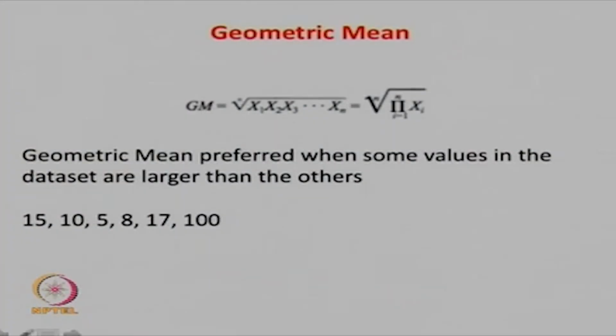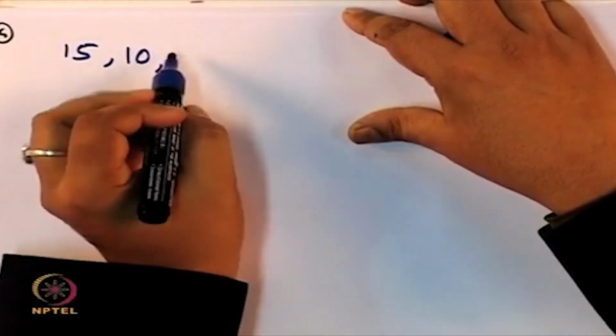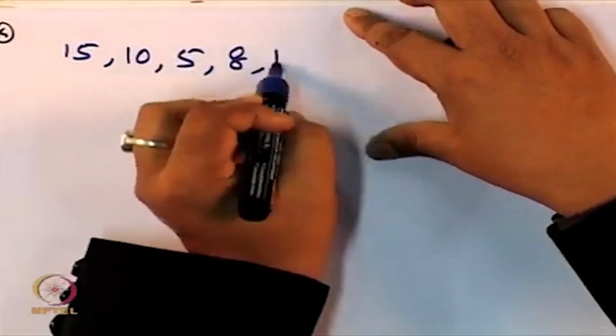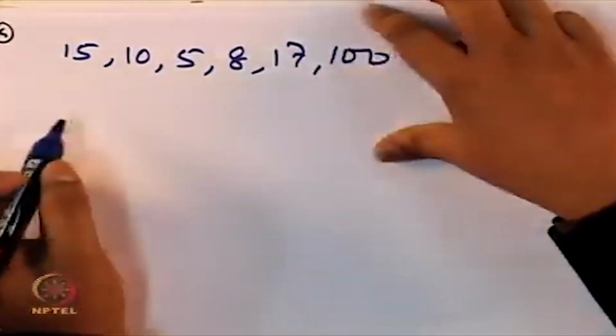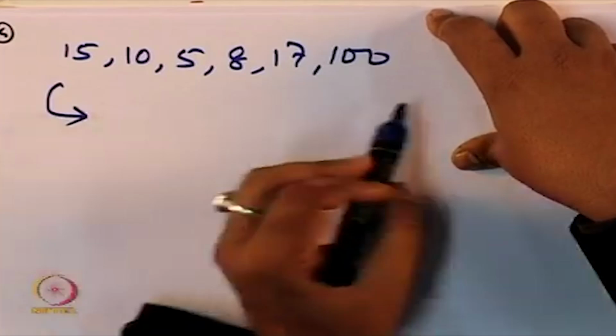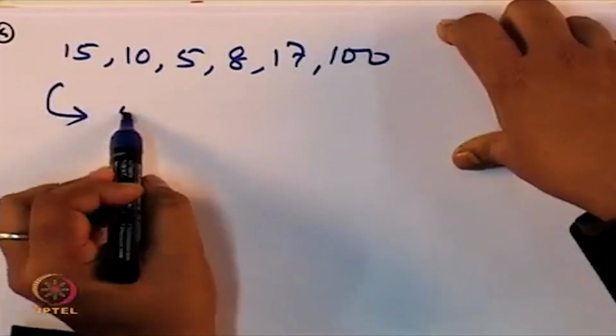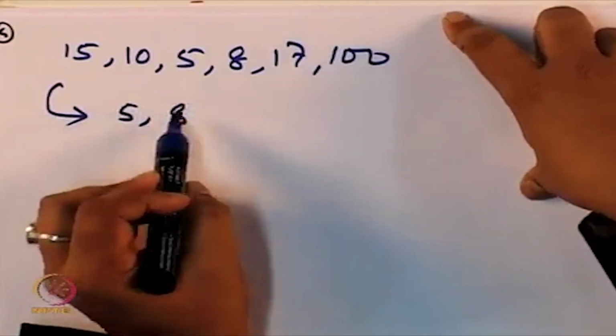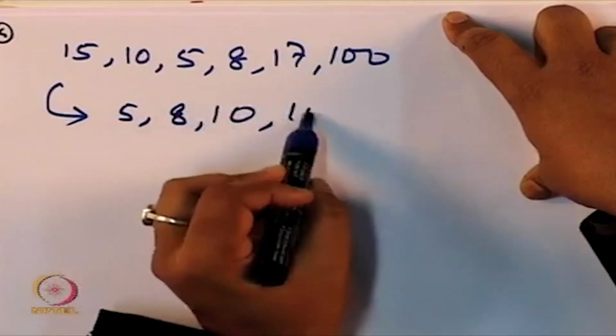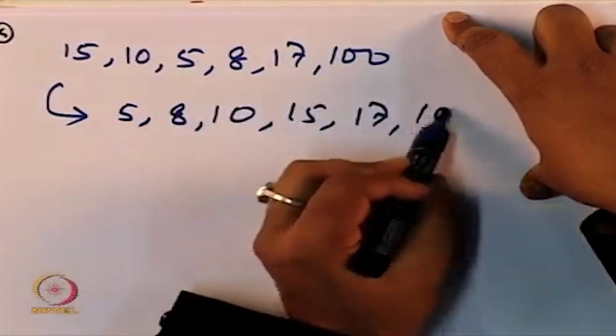So, imagine you have a data set as follows, which is 15, 10, 5, 8, 17, 100. So, my numbers are 15, 10, 5, 8, 17, 100. Okay. So, if I were to sort these numbers and put them next to each other in ascending order, I have 5, 8, 10, 15, 17, 100.